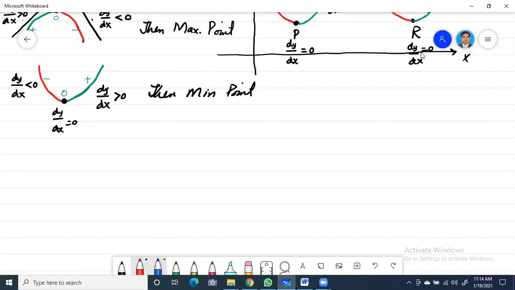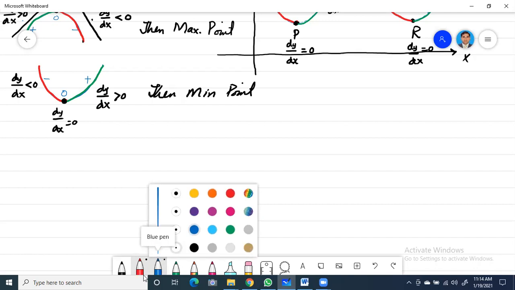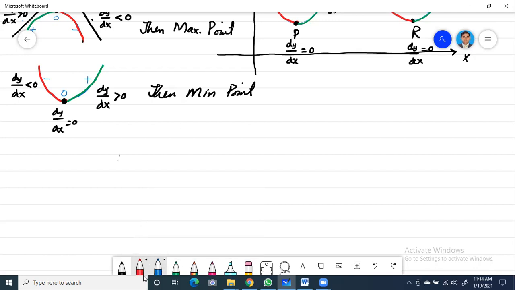If you are taking a curve like this, or like this, here on this curve you can see before this stationary point, this is the stationary point where gradient is 0, mean parallel to the x-axis.